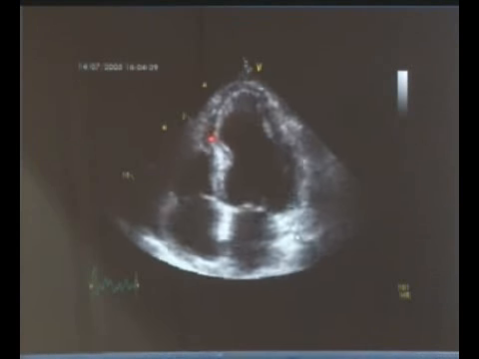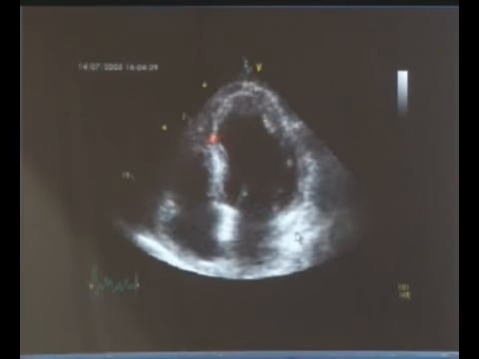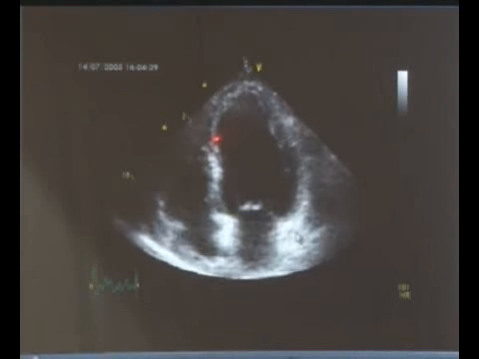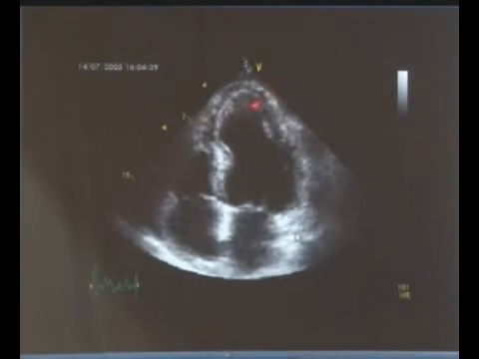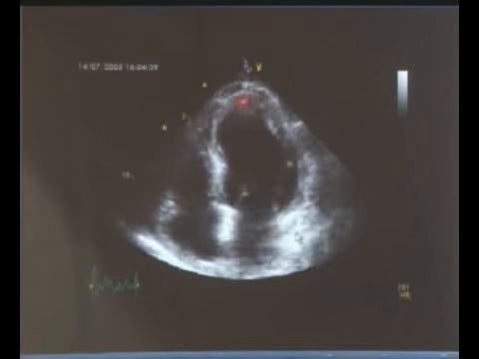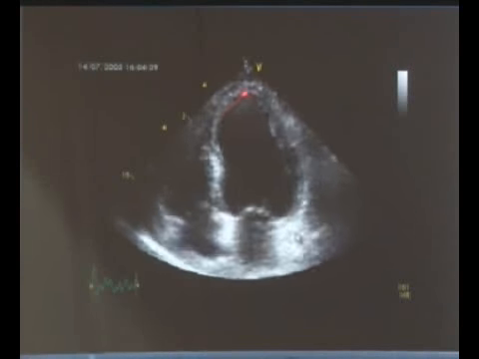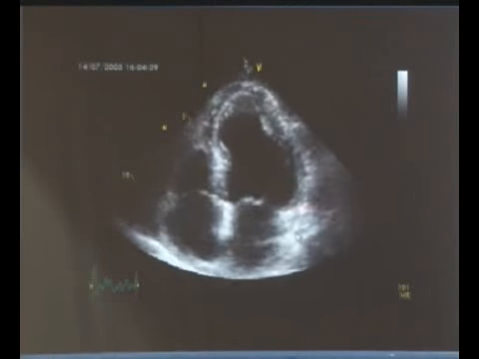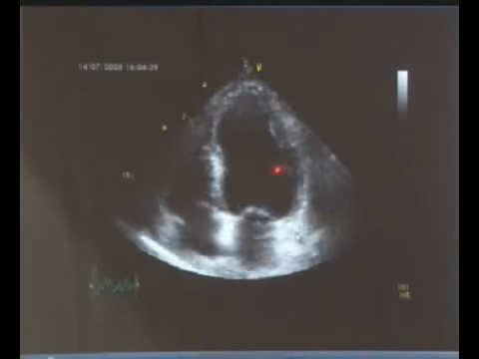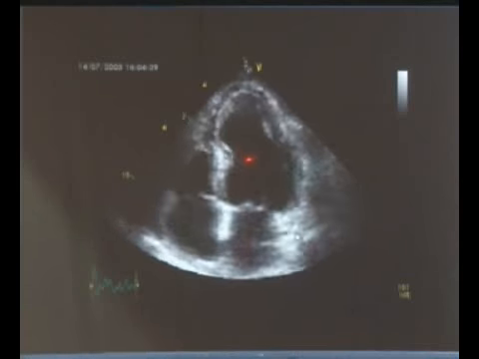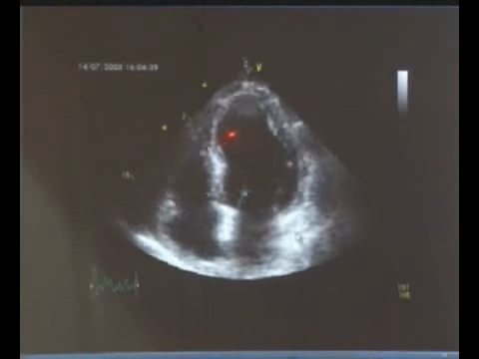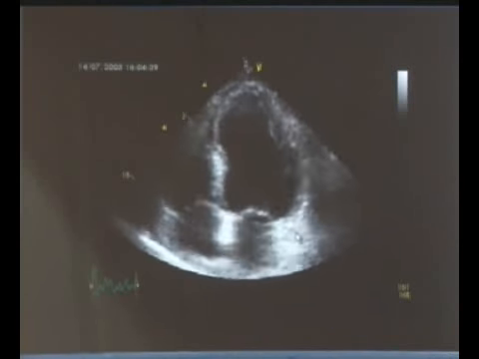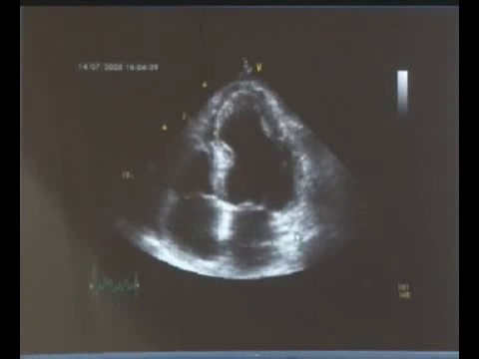It's almost akinetic. Apex looks to be normokinetic, this looks to be normokinetic, and this part is again hypokinetic. My gist of showing this clip is you can have a feature of both hypokinetic and akinetic at the same time.